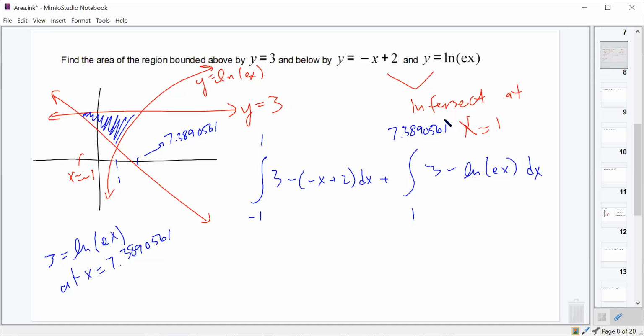All right, and then you can just use your calculator to approximate that integral since we've got it set up. The setup's the hard part. I think integrating that's not so bad. So what does that come out to be if you integrate it?